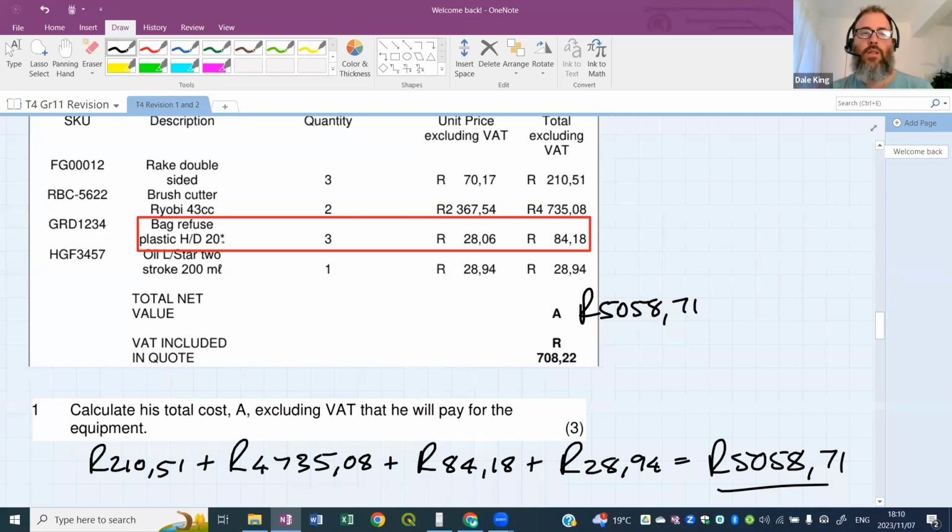Refuse bags, 20 in a roll. What is the price for one bag? As soon as you got your answer, just post it in chat or give us a thumbs up that you're done and we can move on and check it.